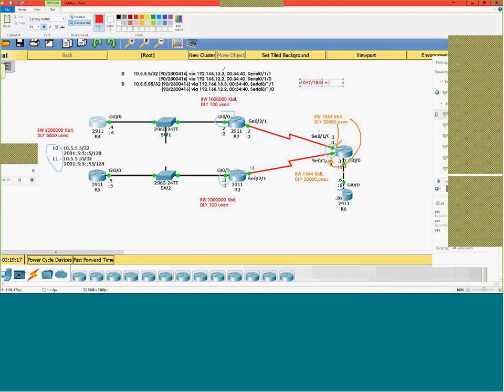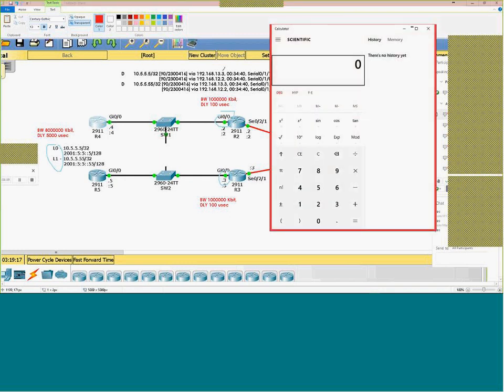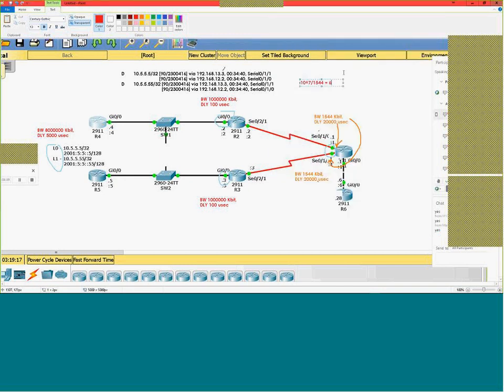So 10 to the power of 7 divided by 1544 is 6476. Remember, we dropped the remainder. So that's going to equal 6476. That's the bandwidth part of my metric. You guys agree with that?